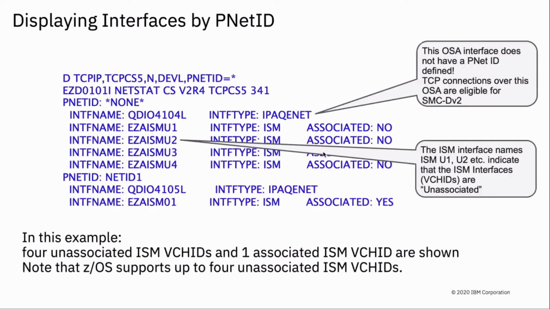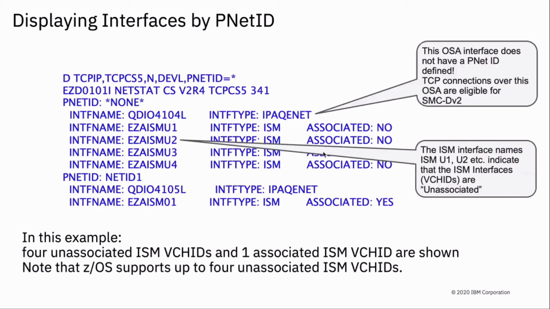All right. If you've done any work with SMC, you may be familiar with this Netstat display. Devlinks with the PNetID specified. You can say PNetID equal asterisk, and it'll sort all your interfaces by their PNetID definition. So now we have these new devices, the unassociated devices that Jerry was talking about, that are under the heading of PNetID none.